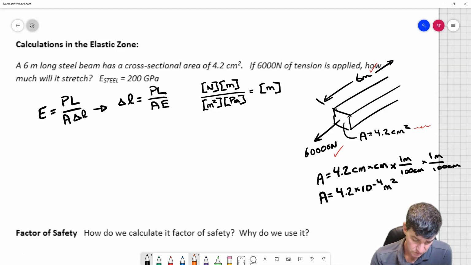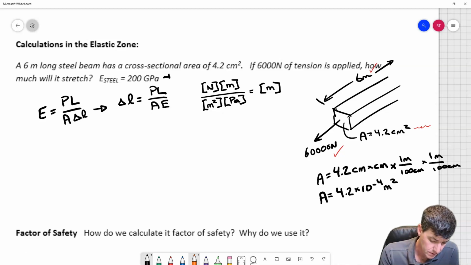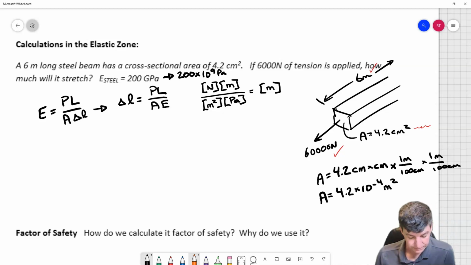Okay. I have one last value, which is my E of steel, which is 200 GPa. And what I want is that in pascals. So a GPa is worth times 10 to the 9 pascals.